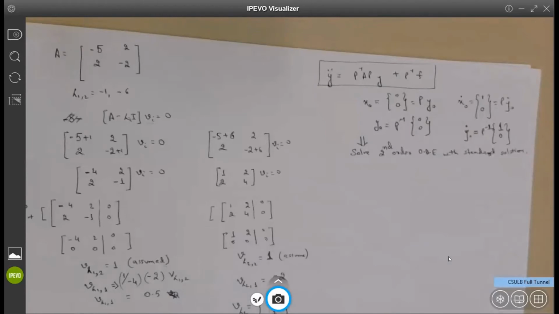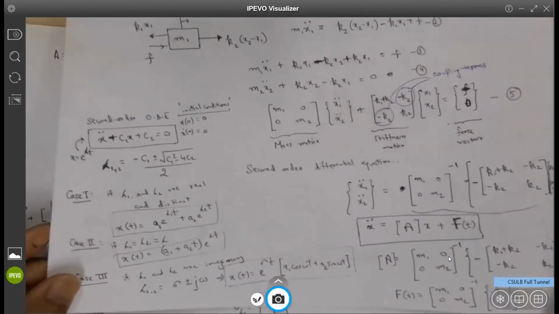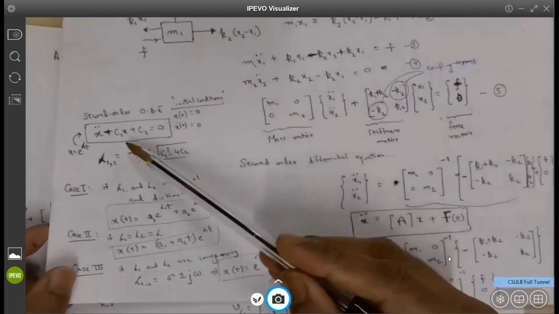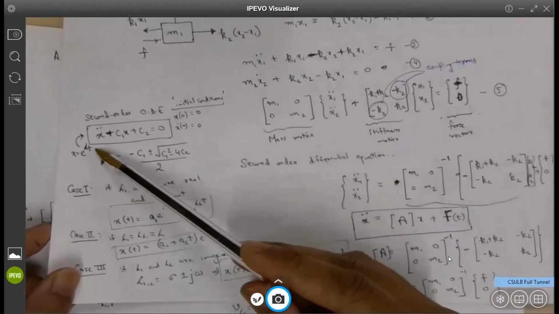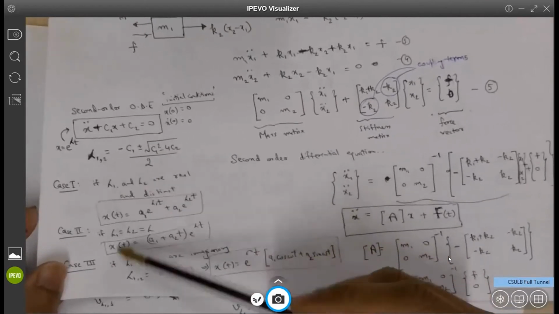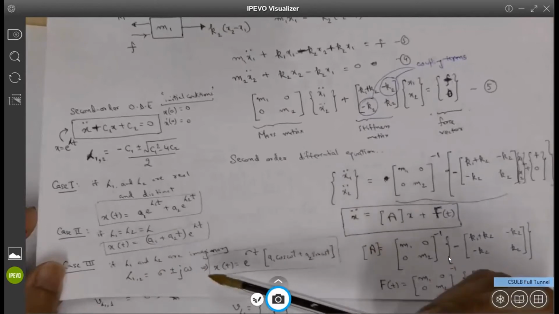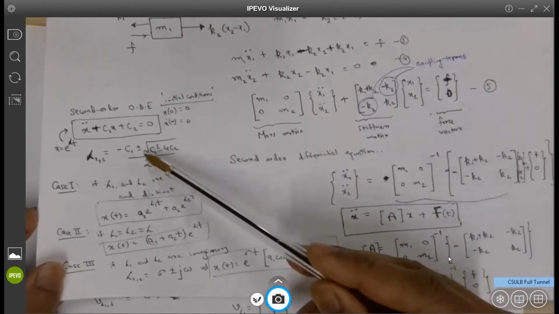Just give me a second, guys. What I'm referring to is from the last lecture notes. If I have a second order ODE and I've got the initial conditions, I plug in this solution, and based on the different roots I get different cases, giving different solutions depending on what the individual lambda 1 and lambda 2 are.